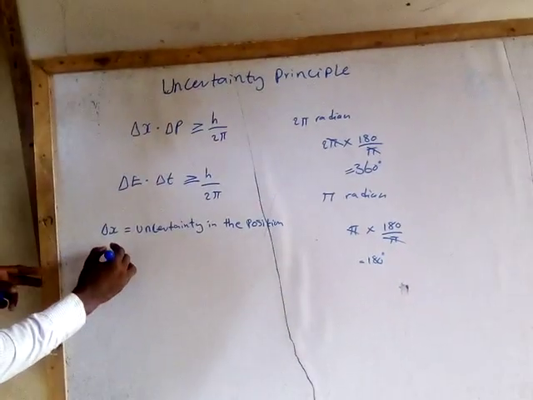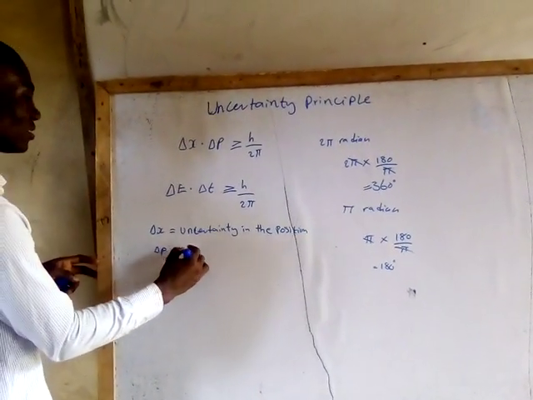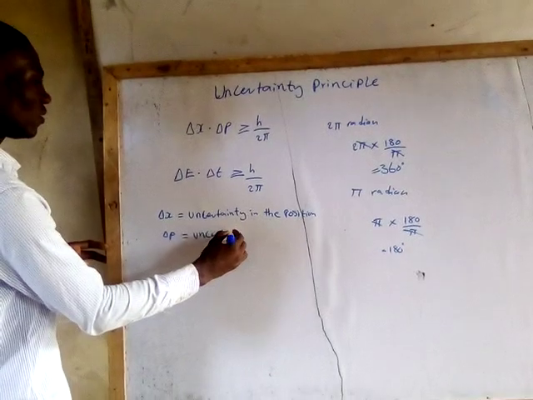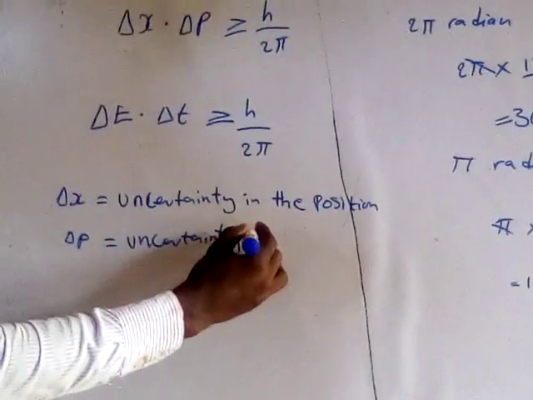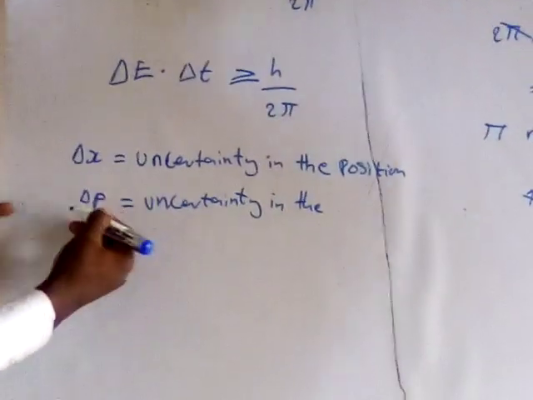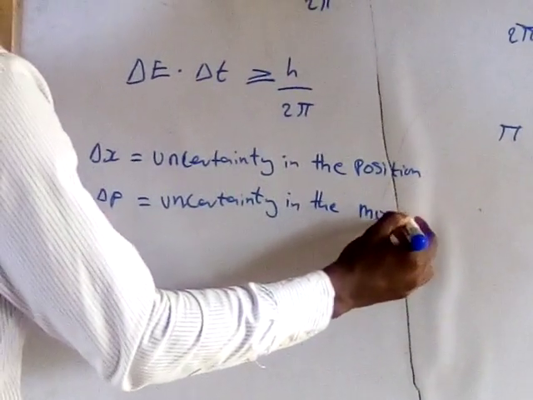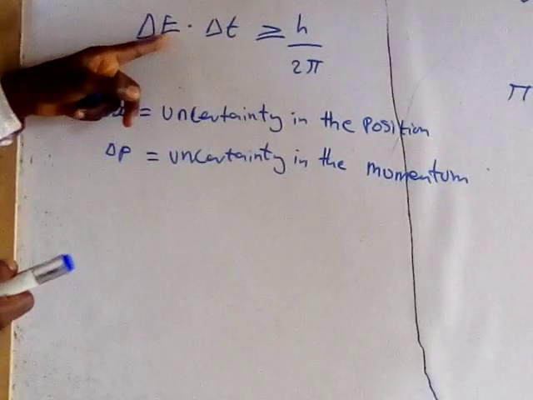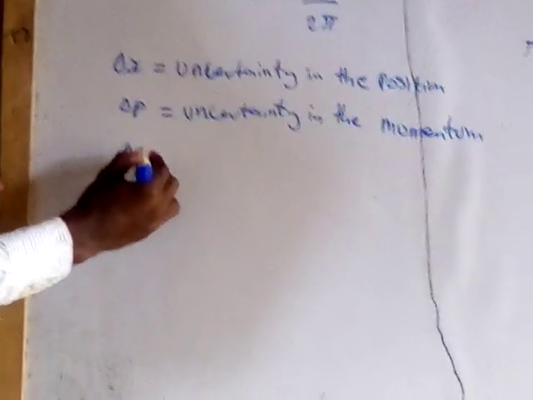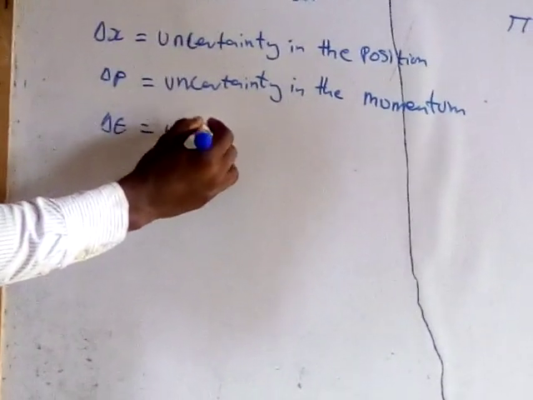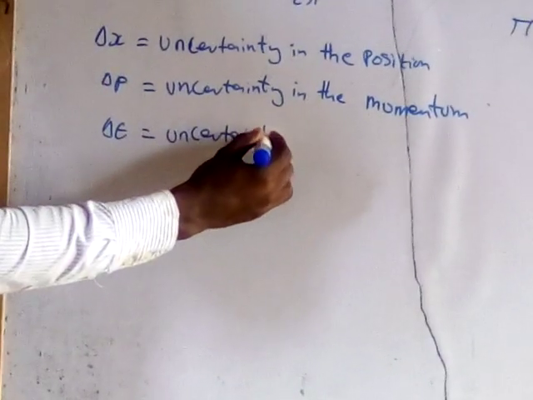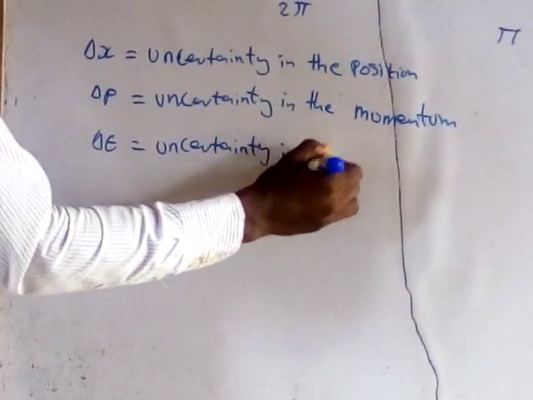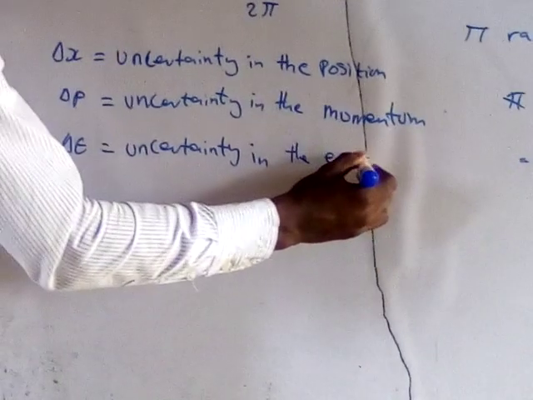And we have here change in p as uncertainty in the momentum. We have here change in E, uncertainty in the energy.